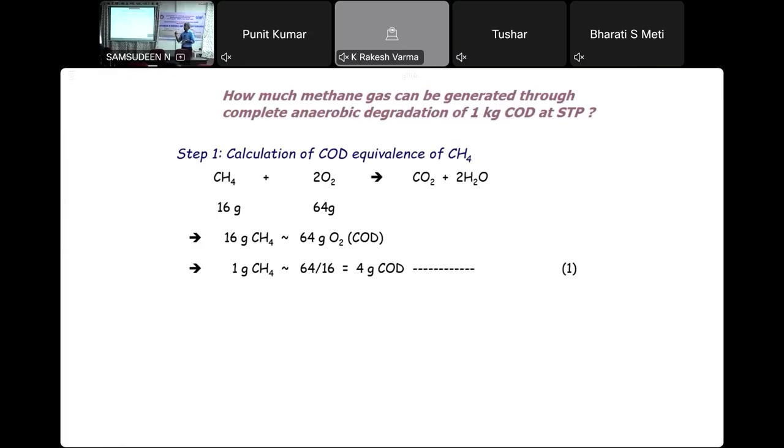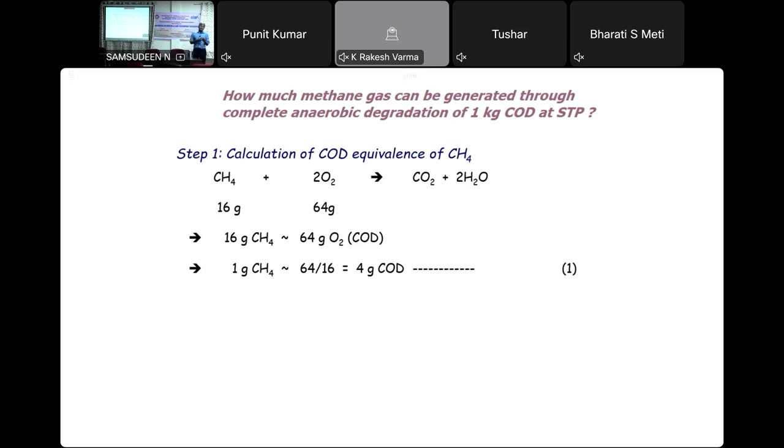Okay, so for one methane to oxidize, how much oxygen do you need? You need 2 oxygen. That will convert methane to CO2 and water. The methane has a molar mass of 16.